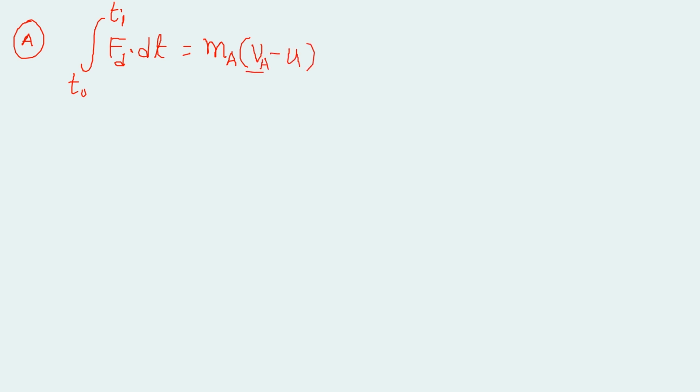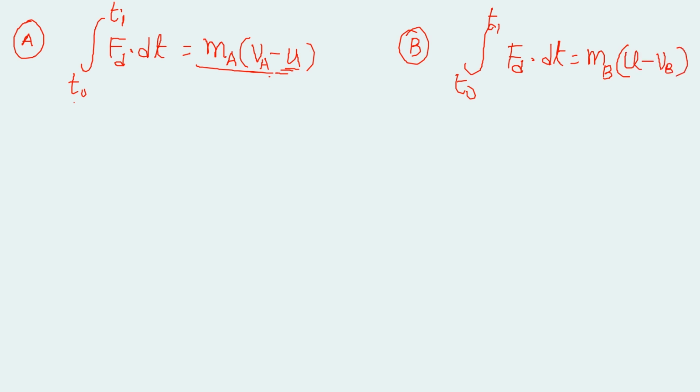This is the initial velocity at time t0, and the velocity at time t1 is u. This is the change in momentum during the deformation period. Similarly, for particle B, the integration from t0 to t1 of Fd times dt is equal to the change in momentum of particle B, that is mB times (u minus VB). So these two are equal and opposite.